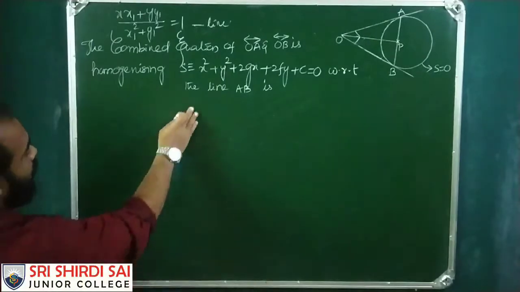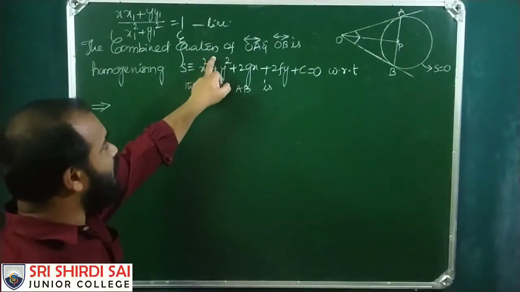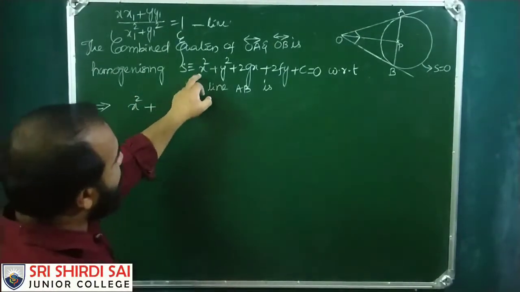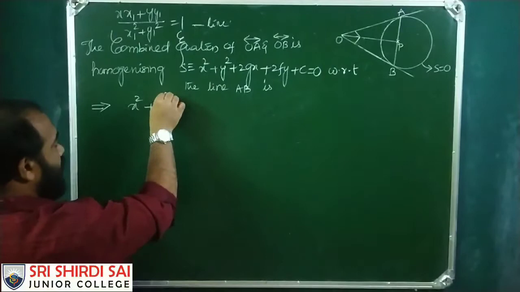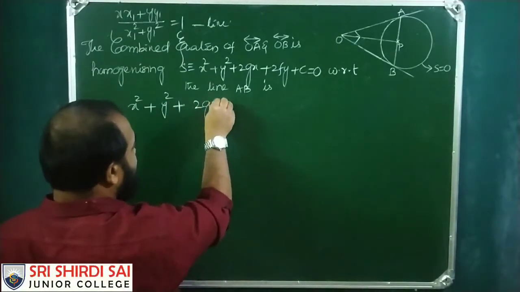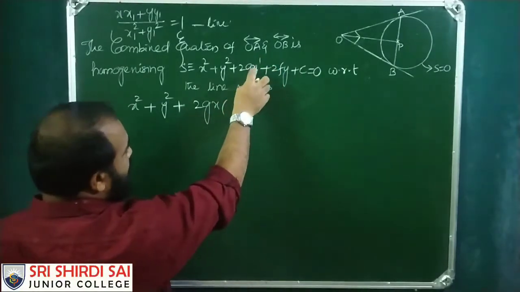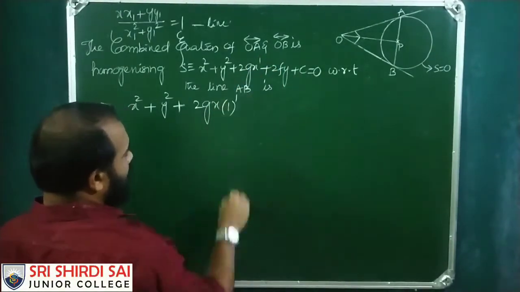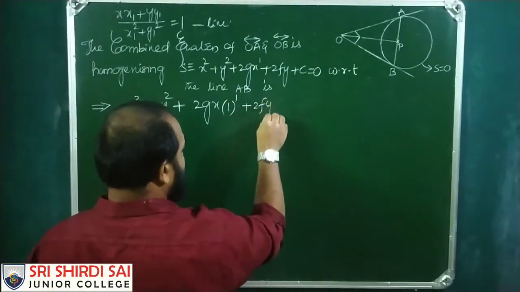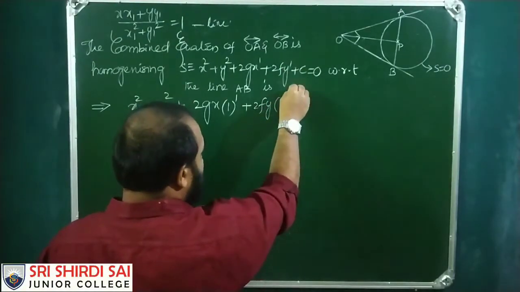So x has a power 2, therefore we are not going to do anything for this, so y square plus 2gx, and x's power is 1, so its power is to be raised to 1, plus 2fy, its power is 1 again, so its power is to be raised to 1.